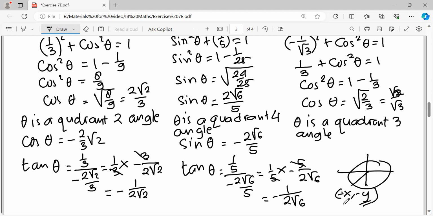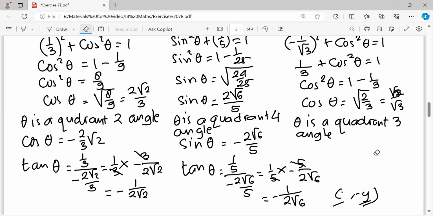So sine is negative and cosine is negative as well. So cosine theta equals negative square root 2 over square root 3.